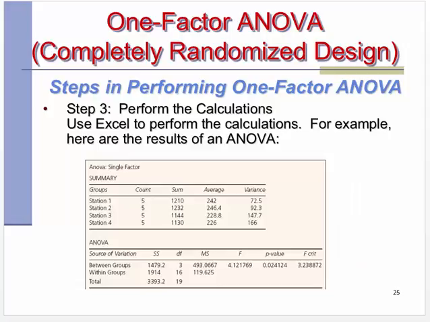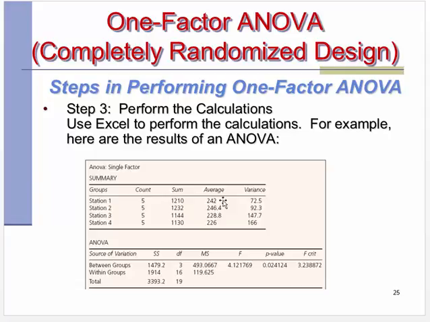If you use Excel to perform the calculations, this is the summary table, the results table you can get from Excel's ANOVA, a single factor ANOVA. The factors are four stations, each with 5 observations, and this shows the sum of all the dependent variable values from each station. You see they're different.